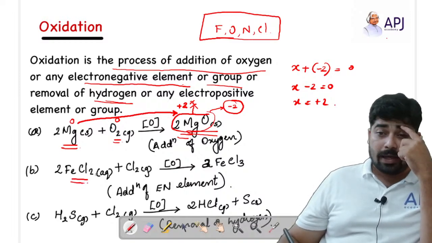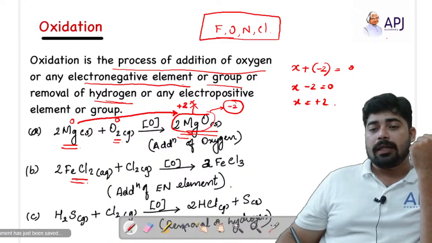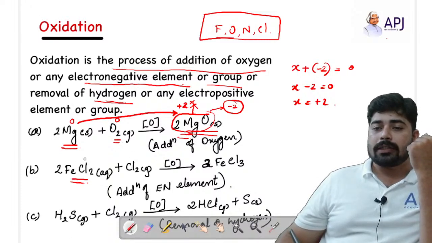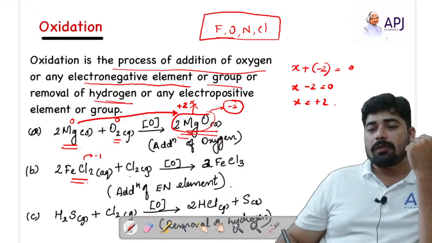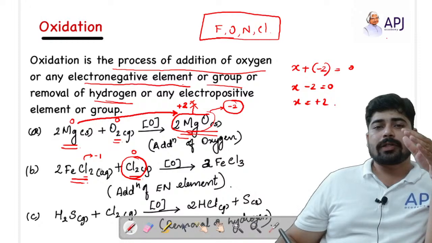Now you can see in the second example we have FeCl2. Let's check the oxidation state of Fe in FeCl2. The oxidation state of Cl here in combined form is -1. What is the oxidation state of chlorine alone? Since it is standing alone, in elemental or natural form, the oxidation state of chlorine is 0. But in the compound form, the oxidation state of chlorine is generally taken as -1.